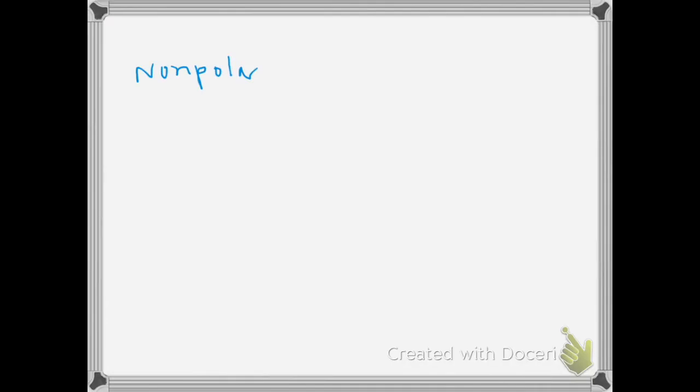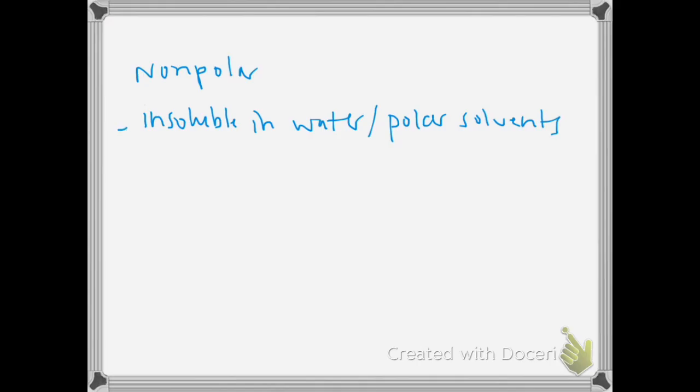Since lipids are nonpolar, they're insoluble in water or other polar solvents. But they are soluble in nonpolar solvents.